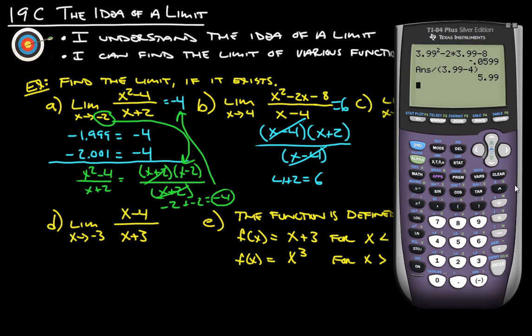Close our parentheses, hit equals, and we get 6 here. And you'll also find if you plug in 4.01, you're going to end up really close to 6 on this side as well.